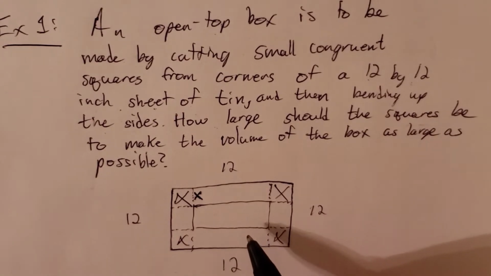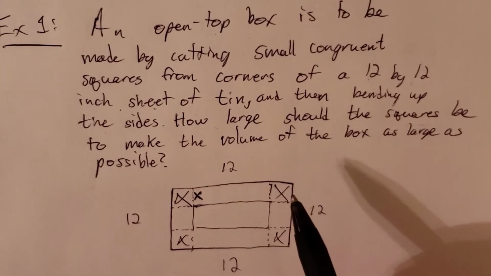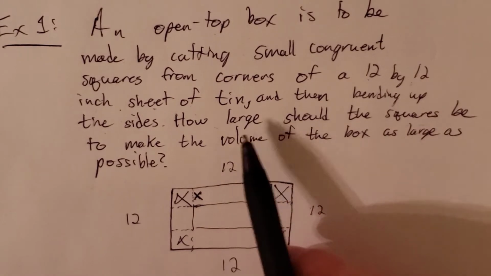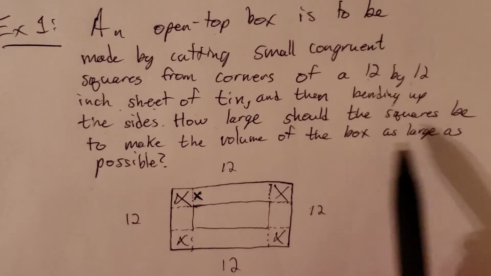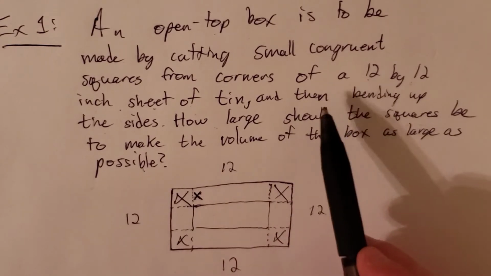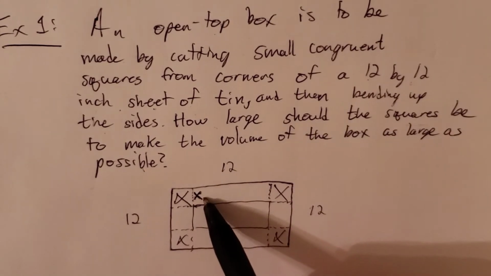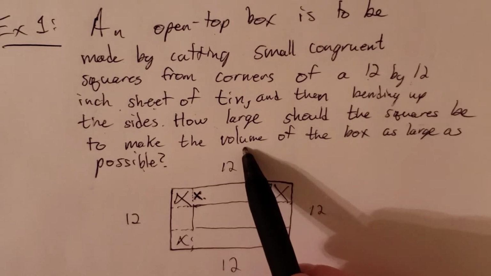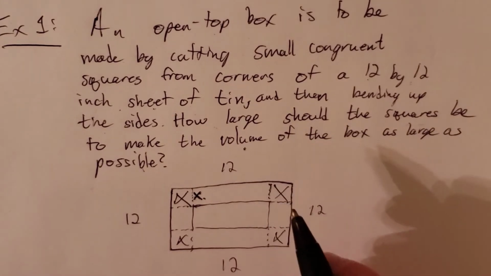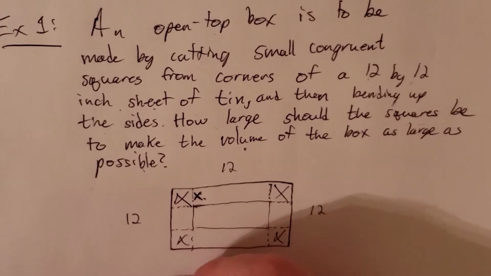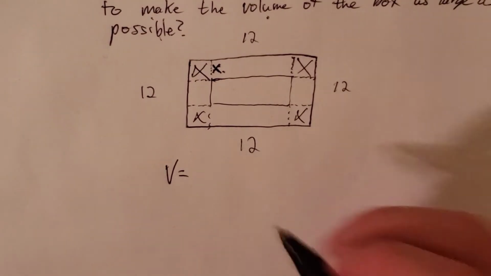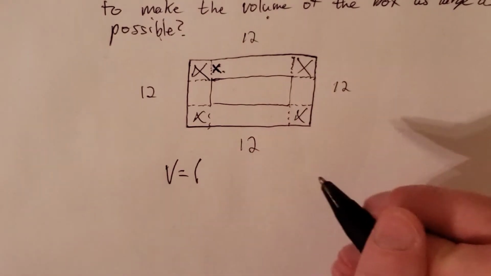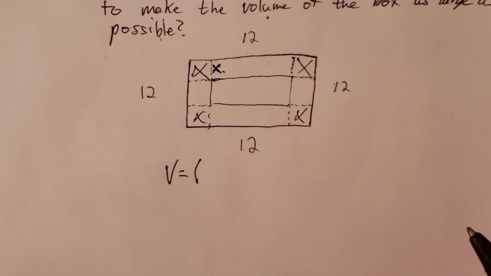Now, to be able to optimize, we want to recognize what we are trying to optimize. It says how large should the squares be to make the volume of the box as large as possible. In other words, what is the value of x to maximize the volume? We can do this by finding a volume equation. Our volume is length times width times height.